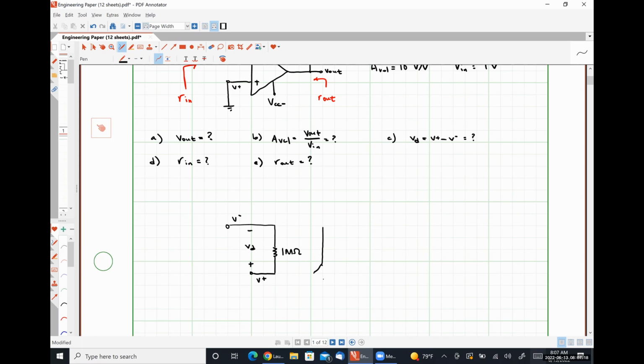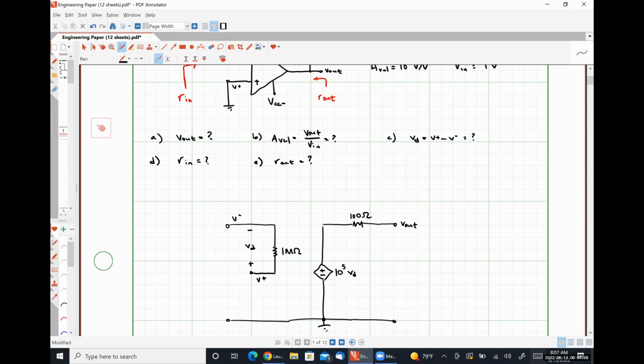Continuing on. Here's my output resistance of 100 ohms. And then here is my reference node for my op amp circuit. All right.